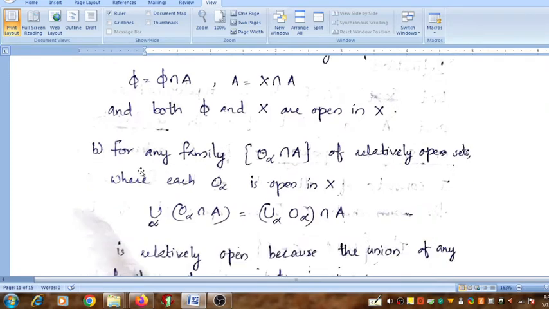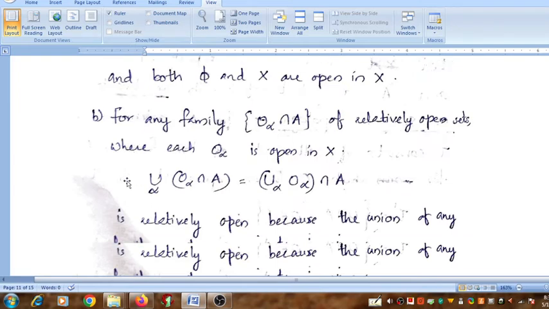Next, we are coming to the verification of whether any arbitrary family, any collection of members of tau prime, when we take its union, is also a member. See, the union of any collection of members of tau prime is also a member.